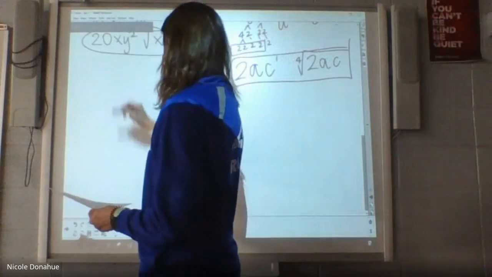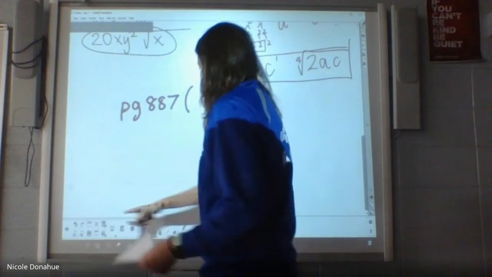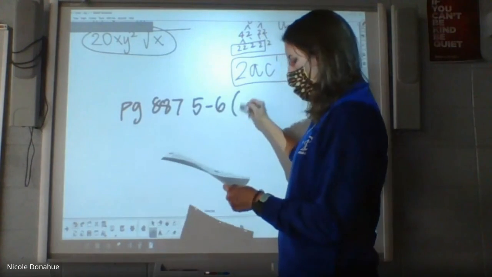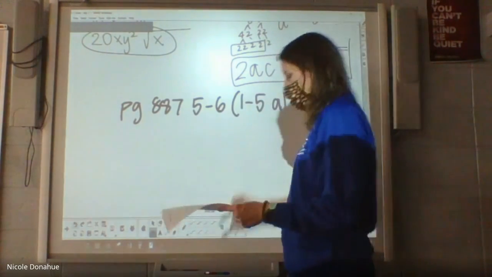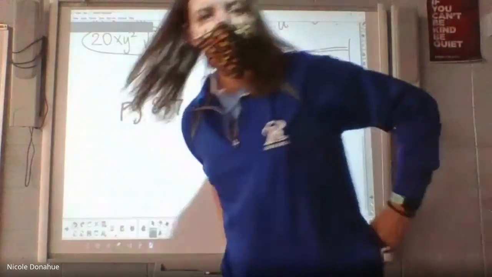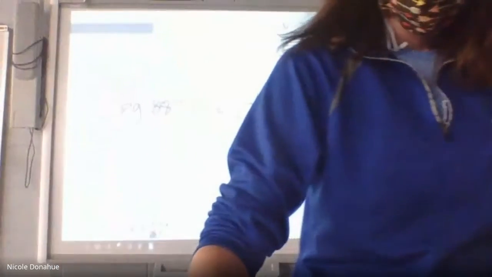So it's gonna be page 887, in the back of the book, section 5-6. We're gonna do 1 through 5, just 5 questions. I'm afraid it'll be too much skipping around otherwise. Yeah, I'll upload that new page.